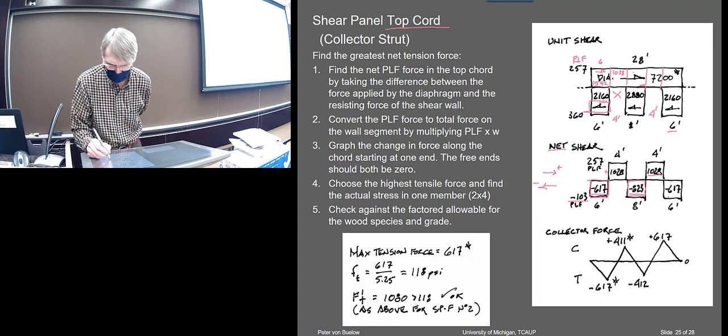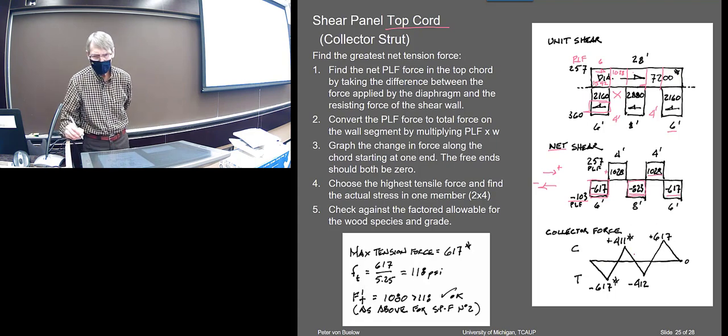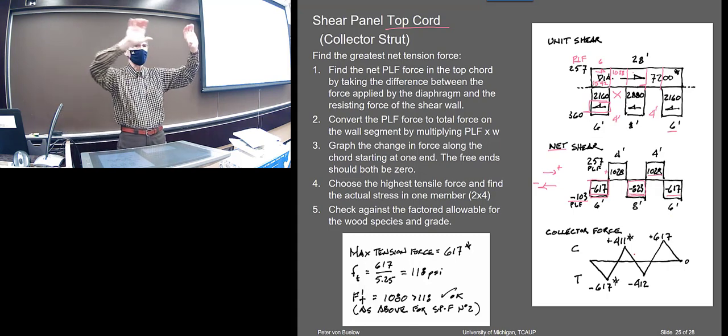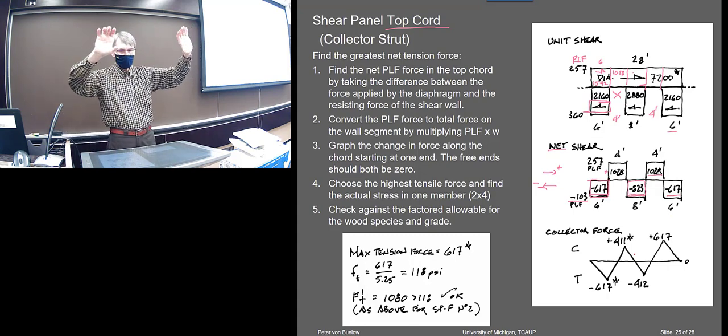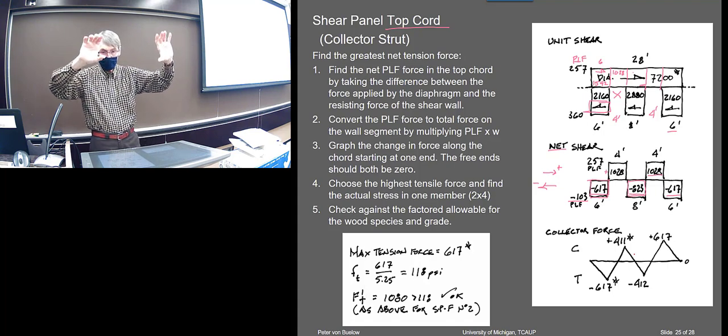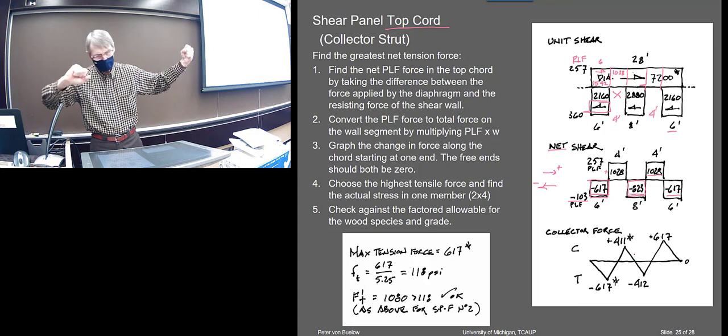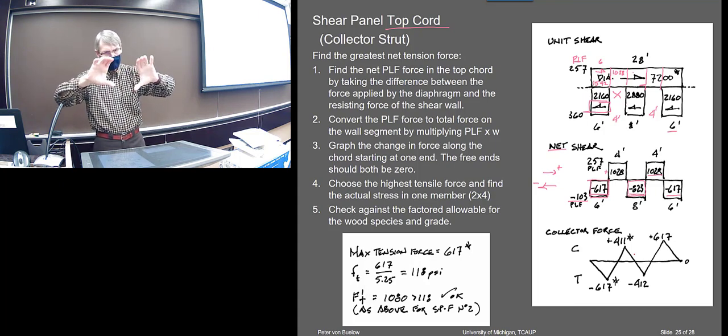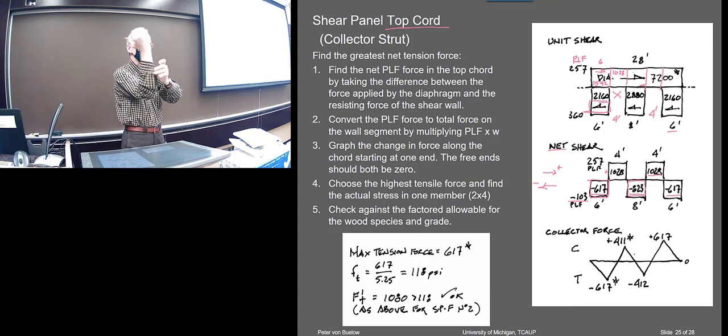It's a 6-foot length, so I get the negative 617. So you can see as you're going across that strut, in some places over the windows, it's in compression, I guess, and over the shear walls, the shear walls are pulling back. It's in tension then, where they're pulling on it.